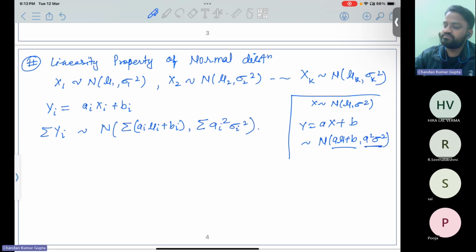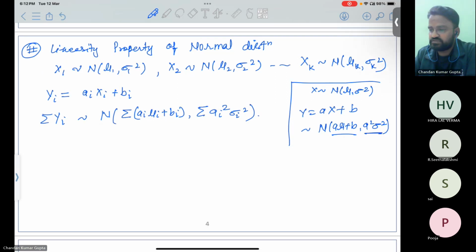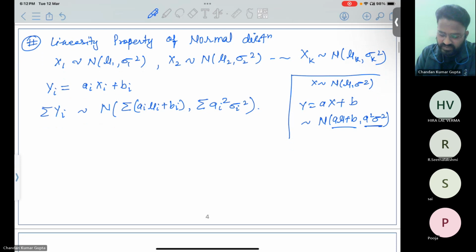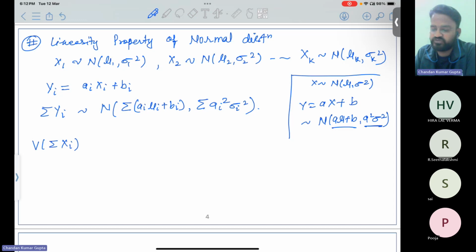Also we have some property like the variance of the summation of xi. Suppose we have variance of x1, variance of x2, up to variance of xn.